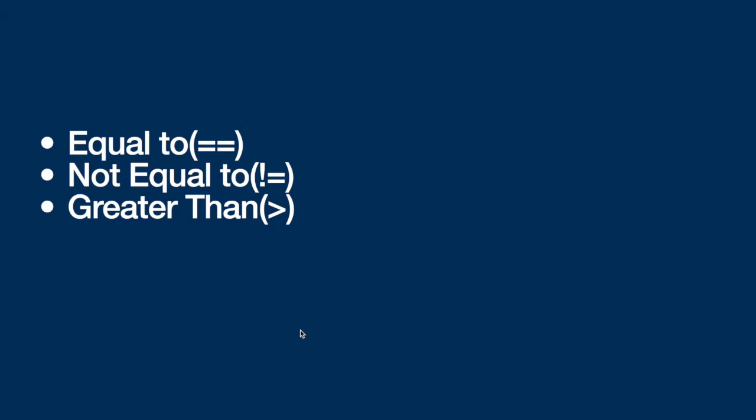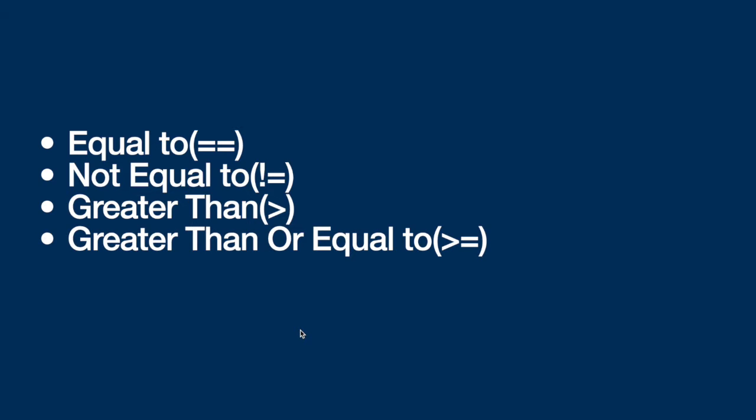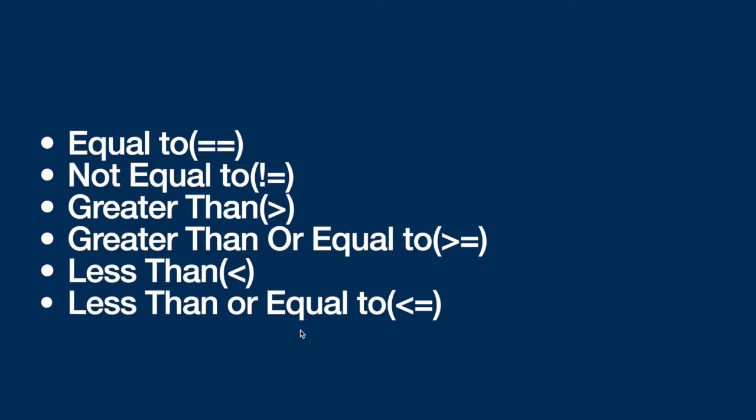And we have the greater than relational operator, which you know from your math class, and the greater than or equal to operator, which we symbolize using the greater than sign followed by an equal sign, and less than, and we have got the less than or equal to, which is denoted by the less than operator followed by an equal sign. So let's go to our IDE and exercise on relational operators.